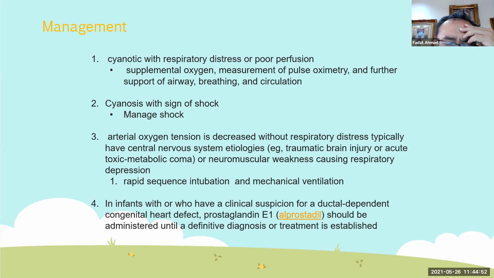Okay? The right side function is to oxygenate the blood, and the left side function is to bring the oxygenated blood to the whole body. So if there is no mixing between these two, like in TGA, transposition of the great arteries, the patient is going to die.